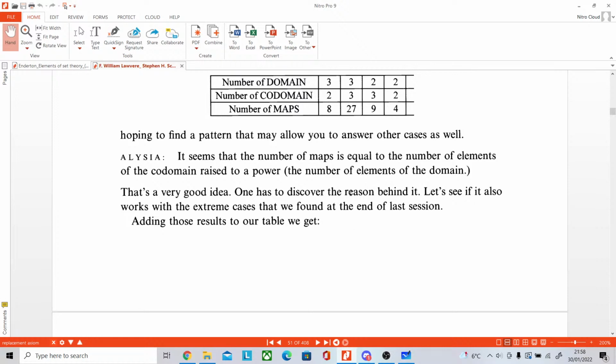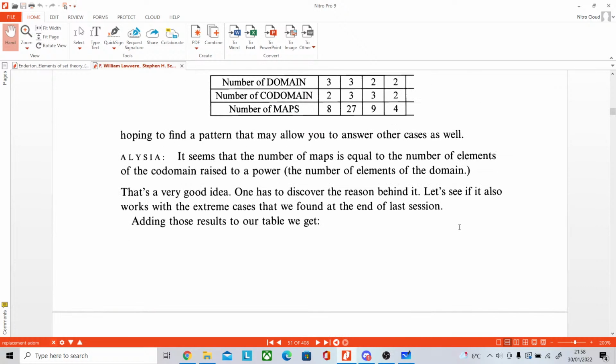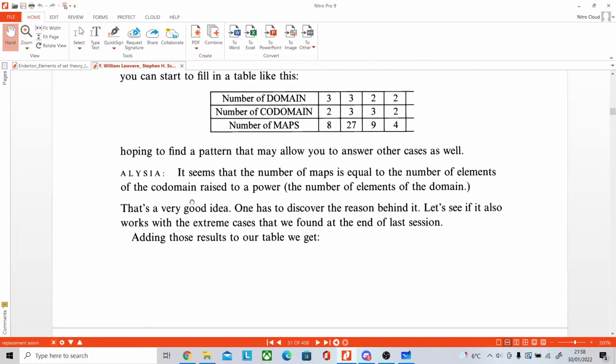And discover the reason behind it, which I sort of explained already. Alright, hold on, let me read this. That's a very good idea.